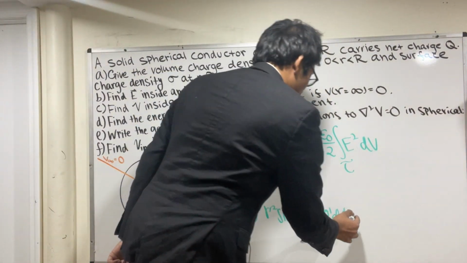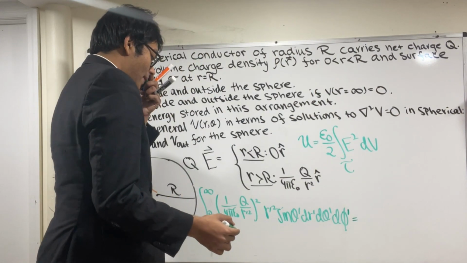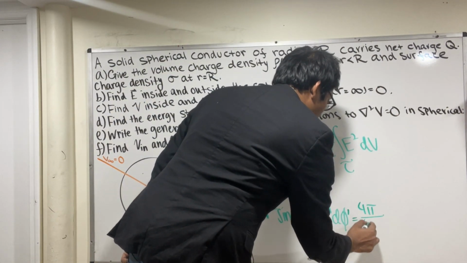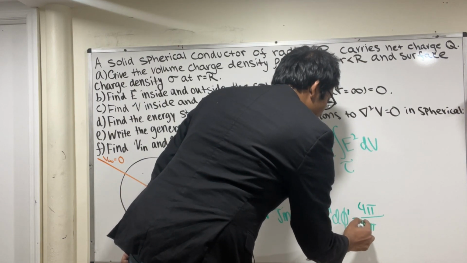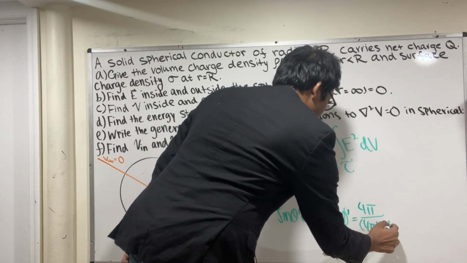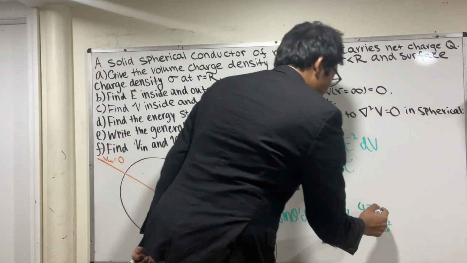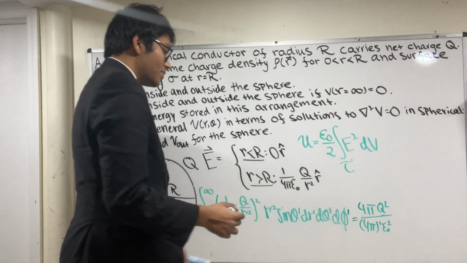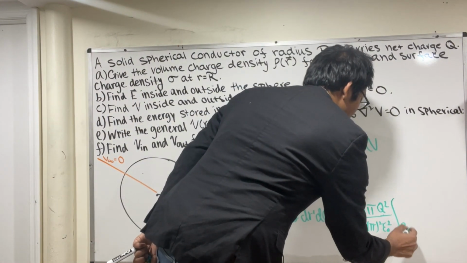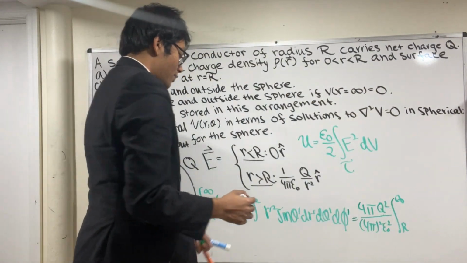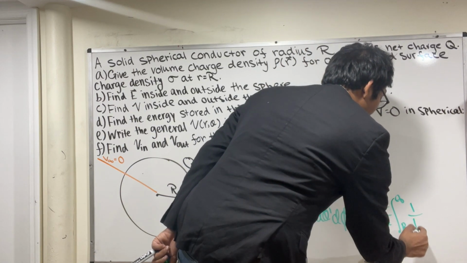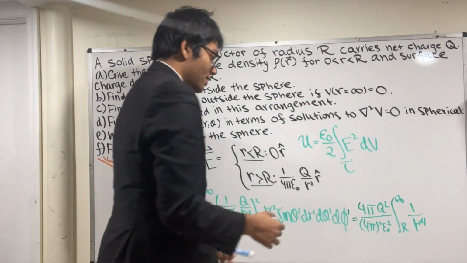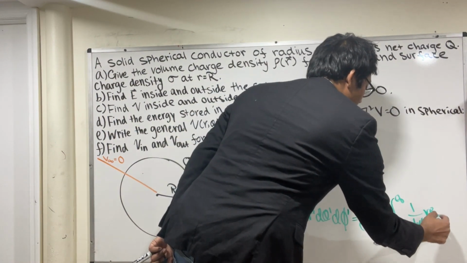And so what we're going to be left with here is 4 pi over 4 pi epsilon naught squared times that q squared from earlier. And this is all going to be multiplied by the integral from capital R to infinity of 1 over r prime to the 4th after I square it, times r prime squared dr prime.